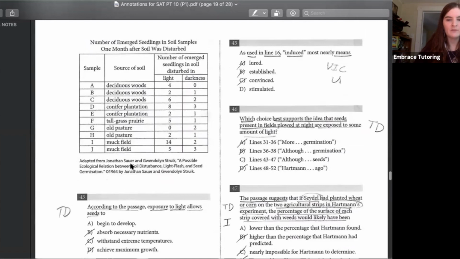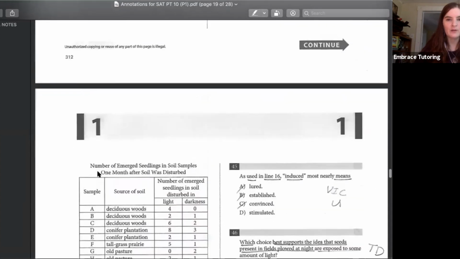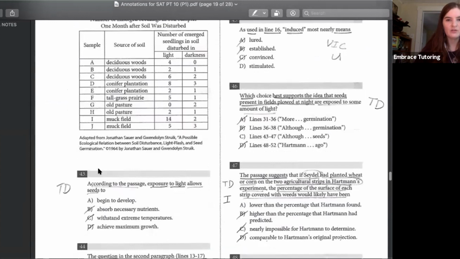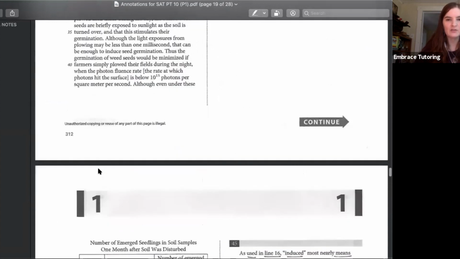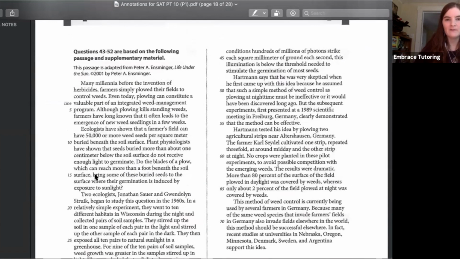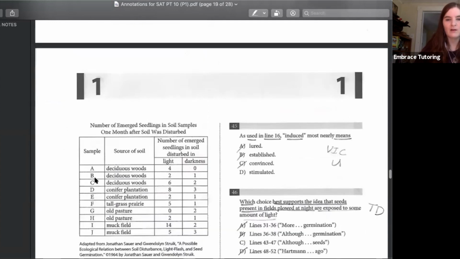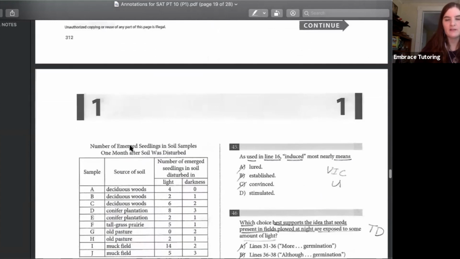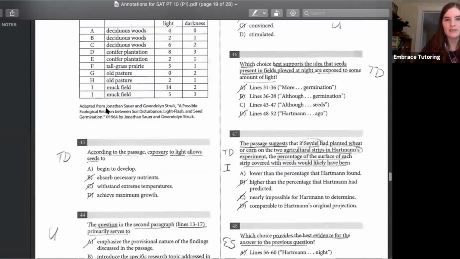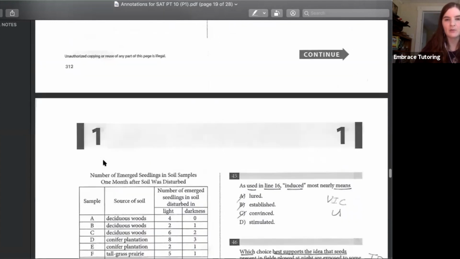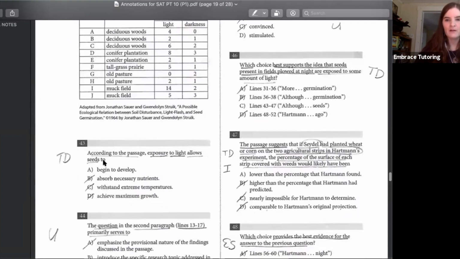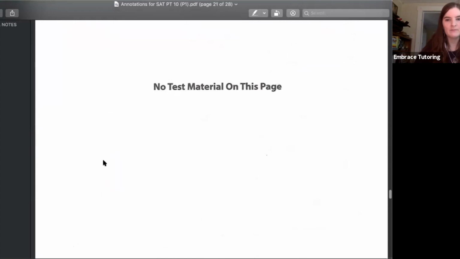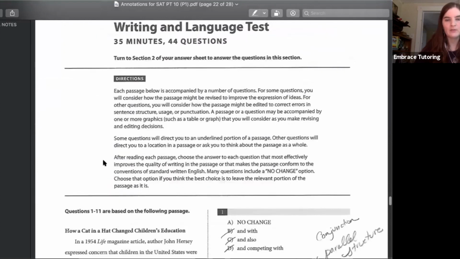Again, you have an infographic down here that you don't want to forget about when you're going through the passage. It's at the very end of a passage, so it's still relevant, and you want to make sure you're giving it time to break down and figure out what it is saying and how it relates to the passage. Okay, so no questions on this one. What about the writing and language test?